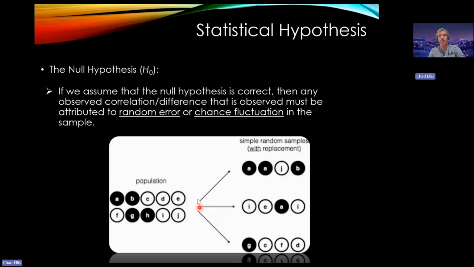So here at the bottom is our overall population. Imagine you took 3 samples out of it. You can see that those 3 samples are different, but are they statistically different? We can see that there are differences, but the null hypothesis would be that the differences we do see are just from random chance and are not significant.